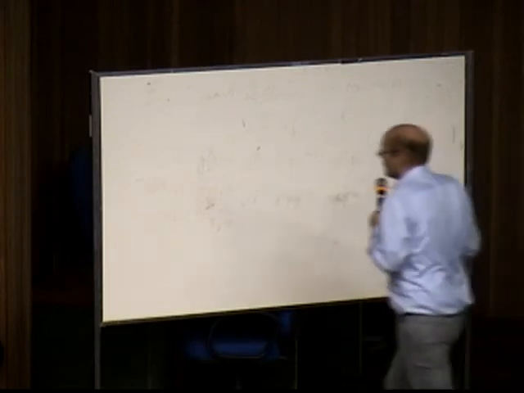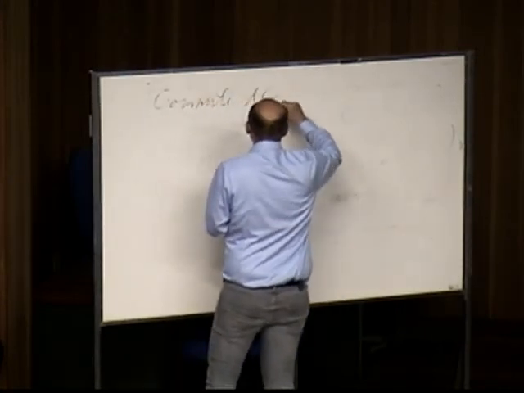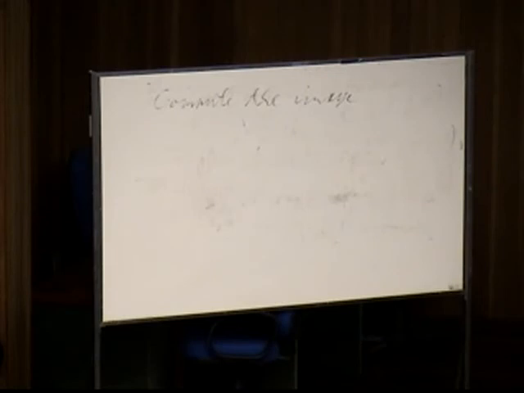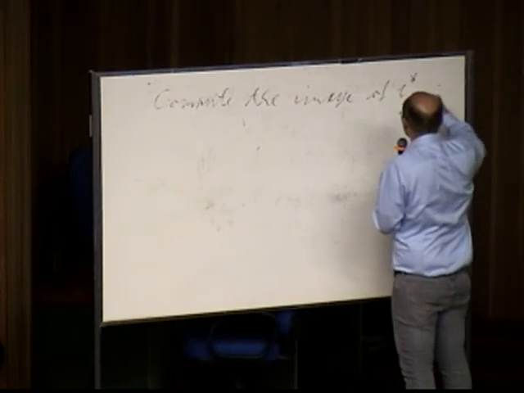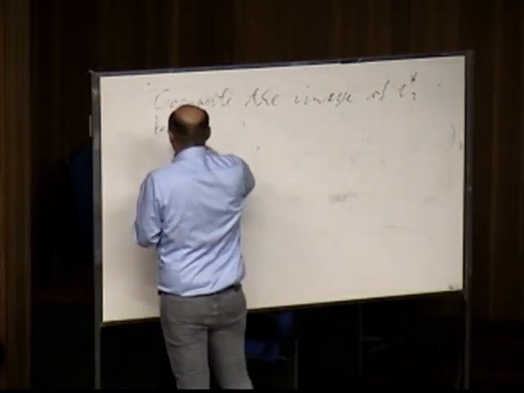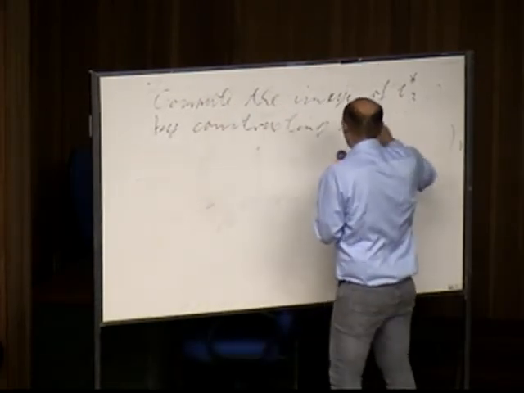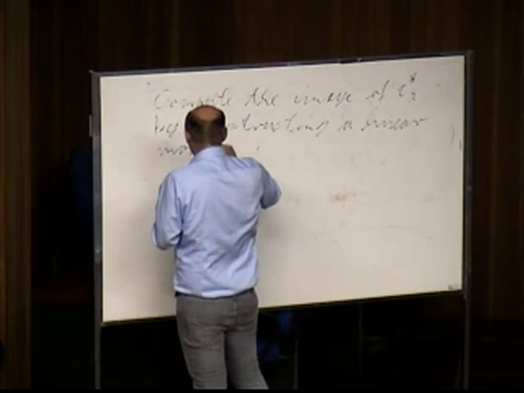So the basic idea is then to compute the image of, say, iota star by constructing a linear model for the action.